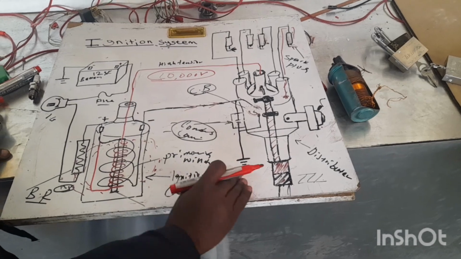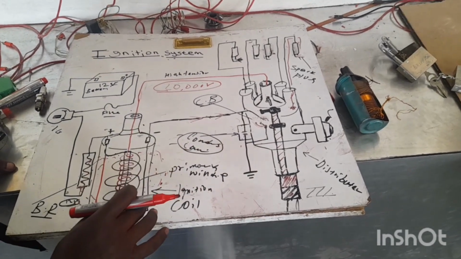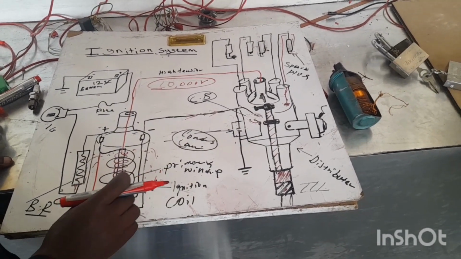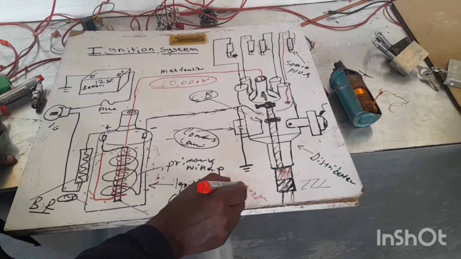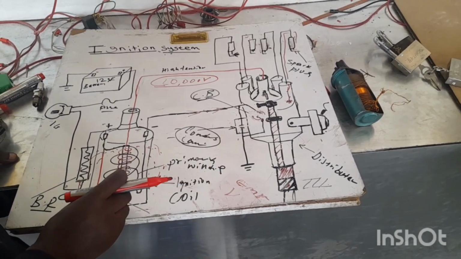When this magnetic field collapses, electromotive force, or voltage, is produced.